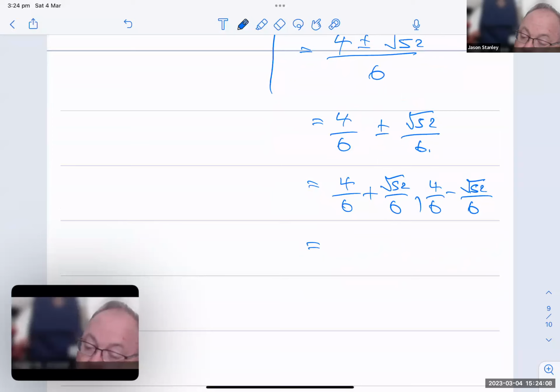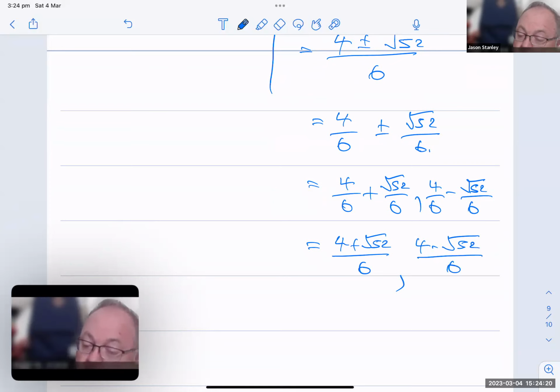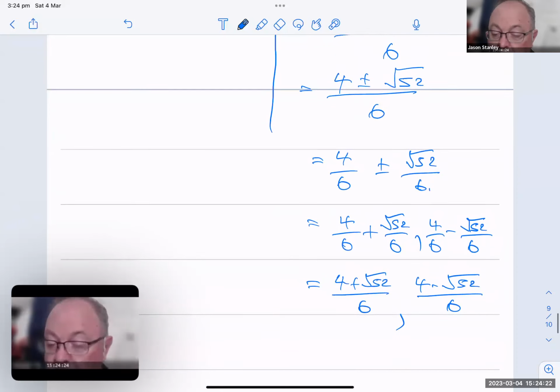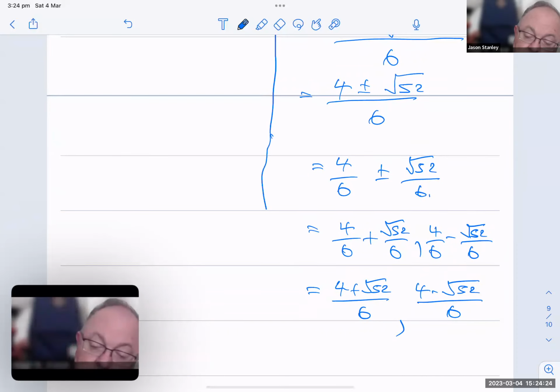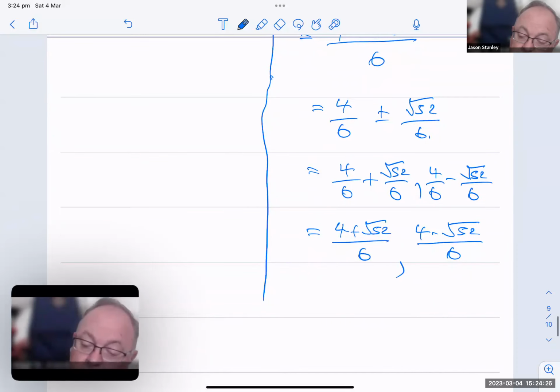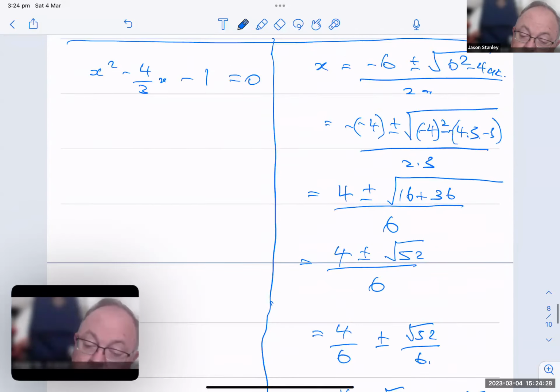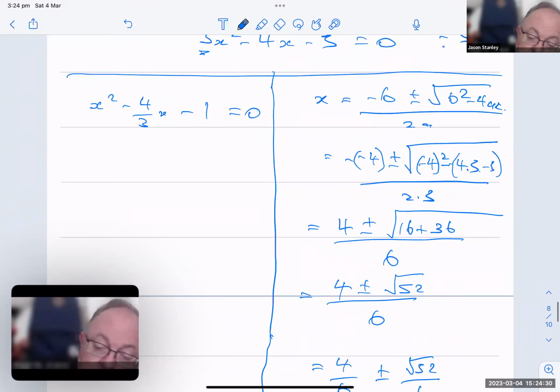So one solution is 4 plus root 52 on 6. That's an exact value. And 4 minus root 52 on 6. So there are our two solutions. Those points are where we cut the x-axis. Now, something's happening there, so I'll go and get that. But let me do it here because we're going to end up doing the same thing.